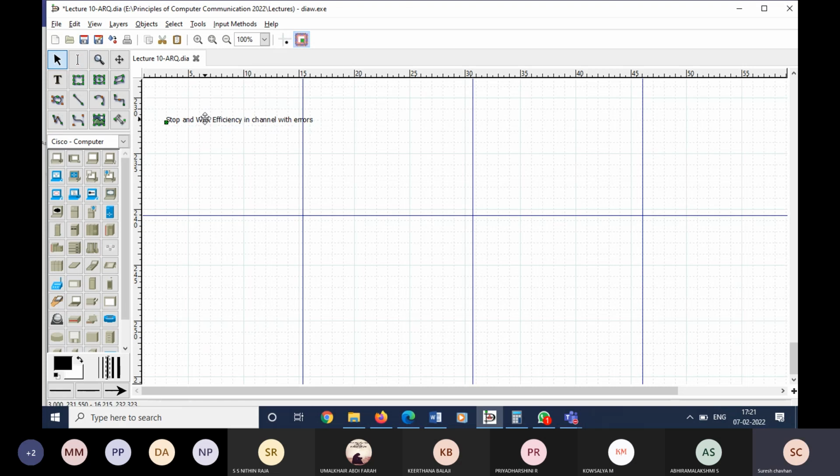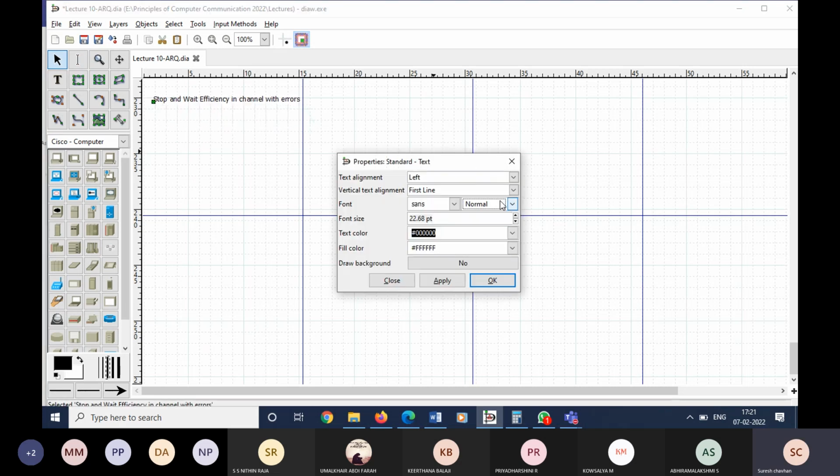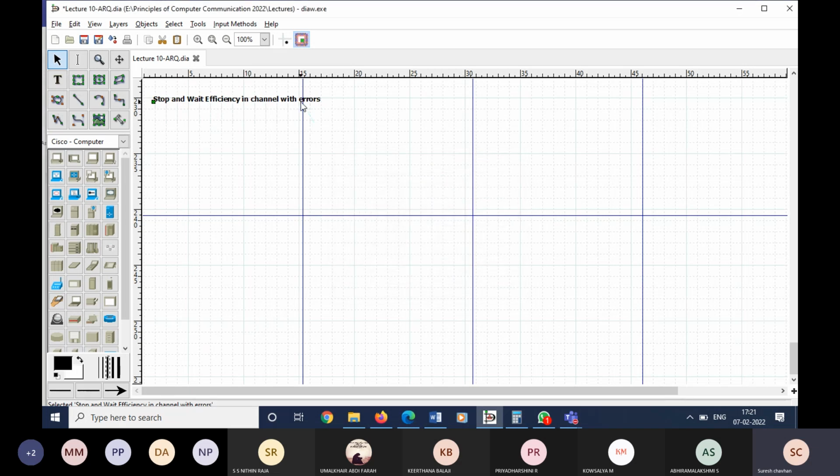So in the previous we have seen without errors, so 100% successful transmission of frames from sender to the receiver. So here we need to consider the with errors, and the errors in the channel randomly they can occur. So for that we need to use the probability theory.